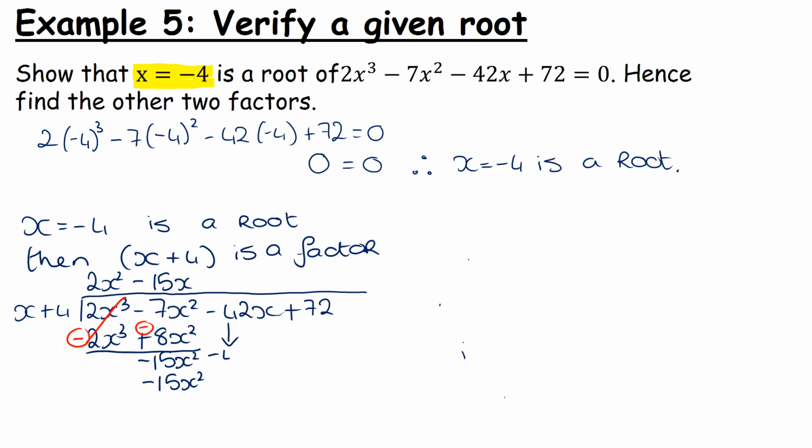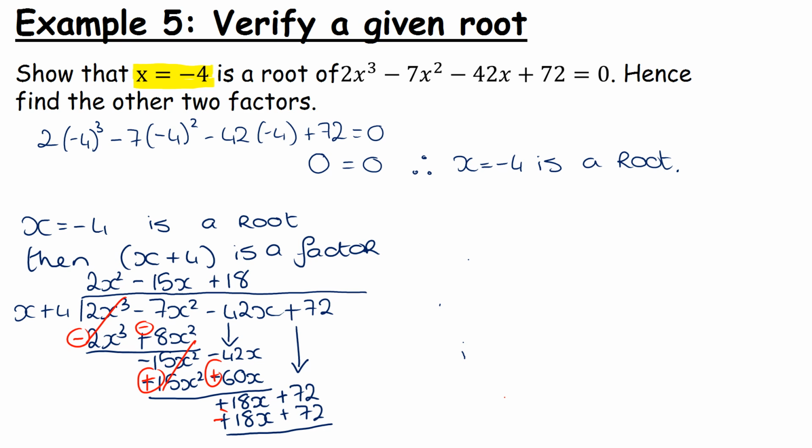So bring down the minus 42x. So I have minus 60x. We do our subtract, so that becomes plus, this becomes plus. So that gives me plus 18x, and so plus 72, and this goes in plus 18 times, plus 18x, plus 72, and then change my signs, 0.